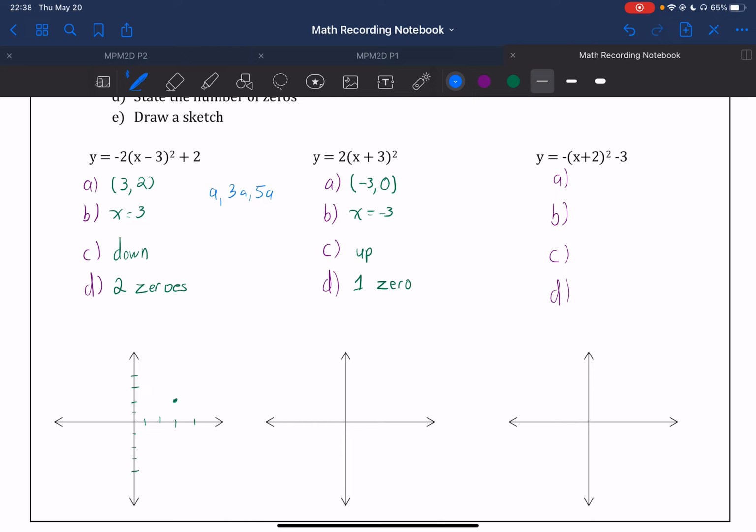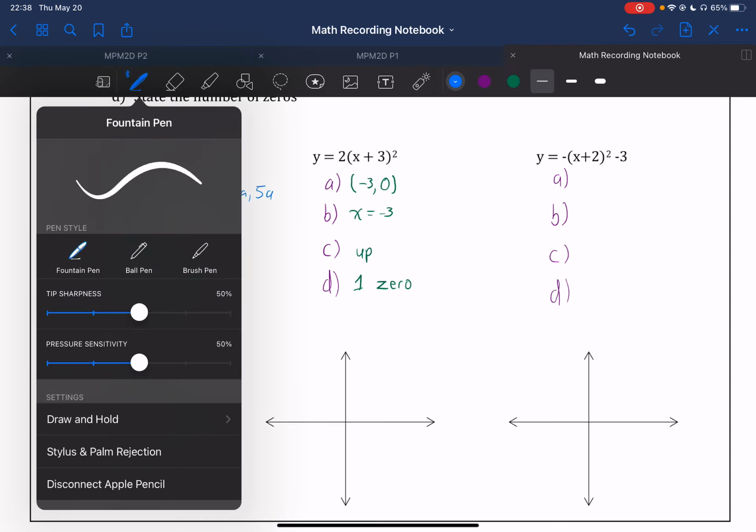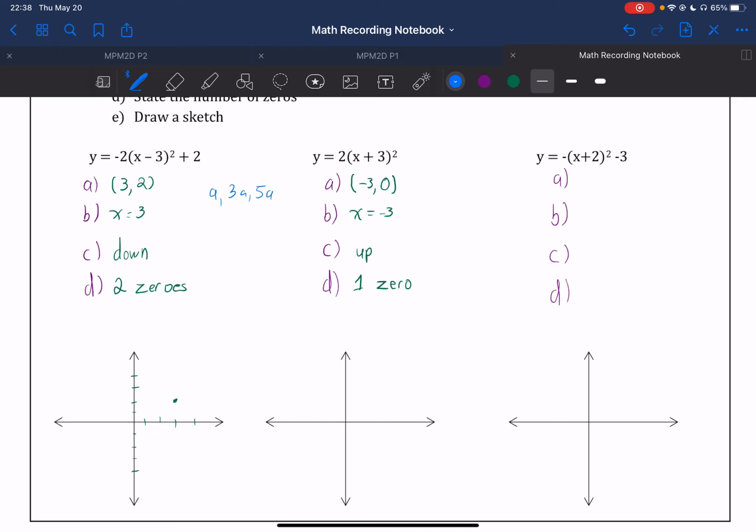You add 2 to each. The A is the value in front of the parabola. So this A value would be replaced. If we're looking at this one, how we're going to move down is we go down 2, then -6, then -10. And you move from the previous number.